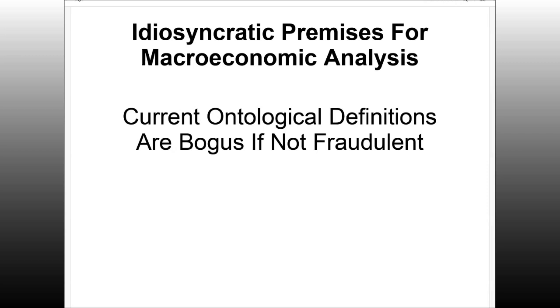That is something we can see examining them directly without having to go so far as to change our methodology, as I would have us change it so that we're looking for etiological rather than ontological definitions. But in current macroeconomic analysis, we can pretty well dispense with most of the ontological definitions. They have been perverted to the point of being useless or worse. I'll give a couple of examples.